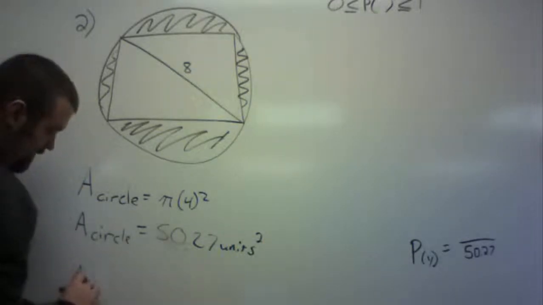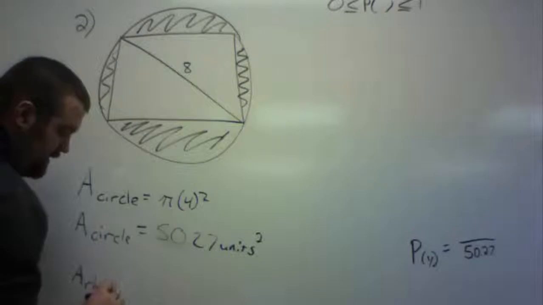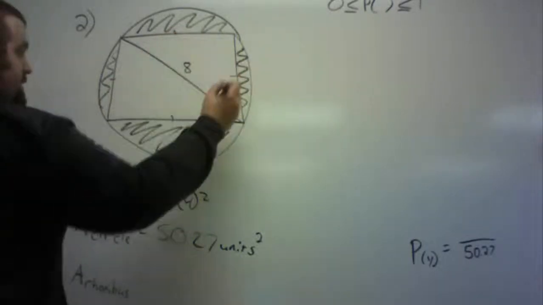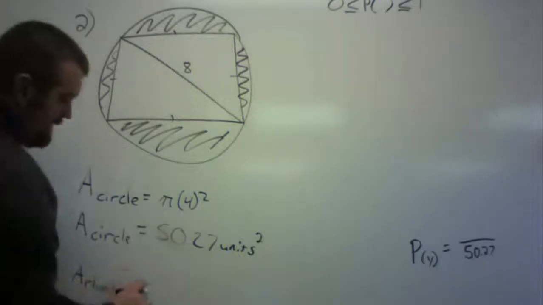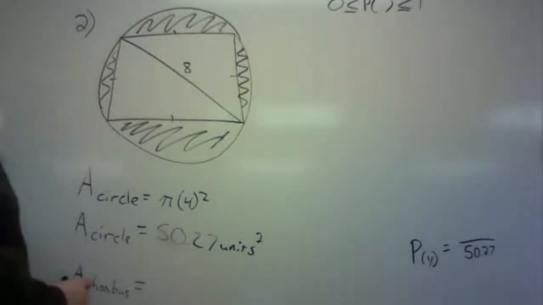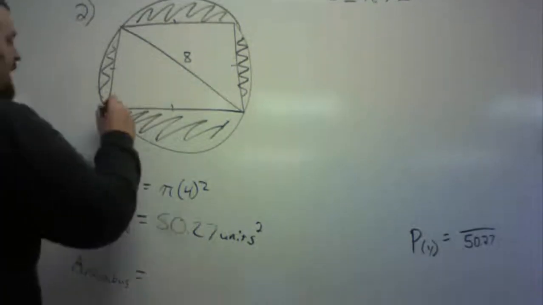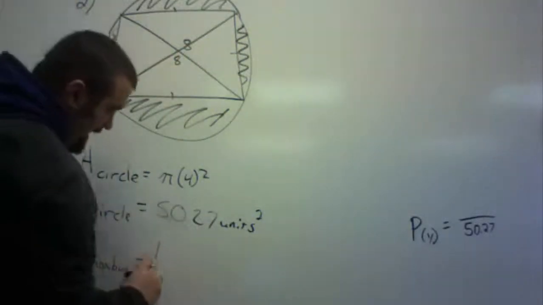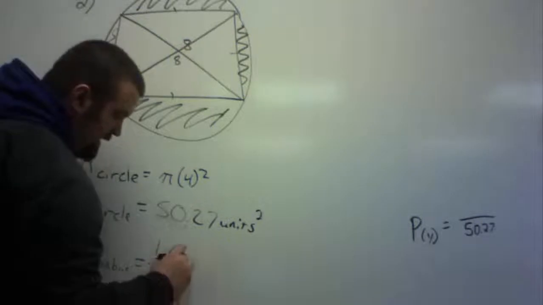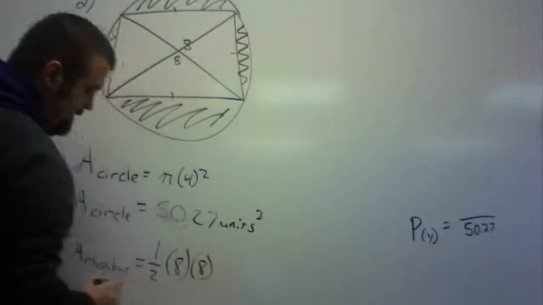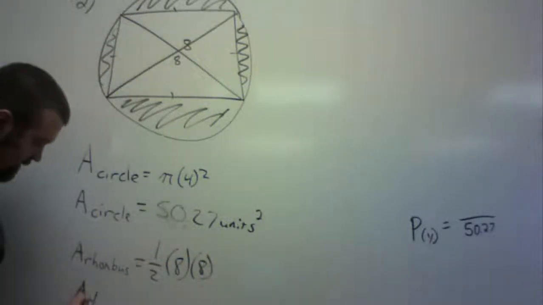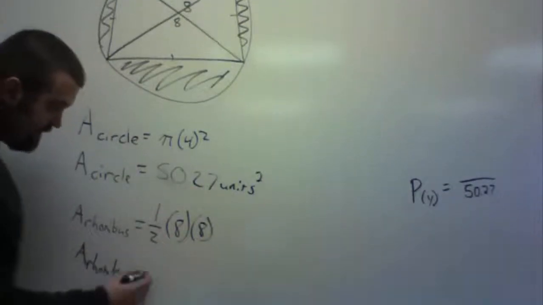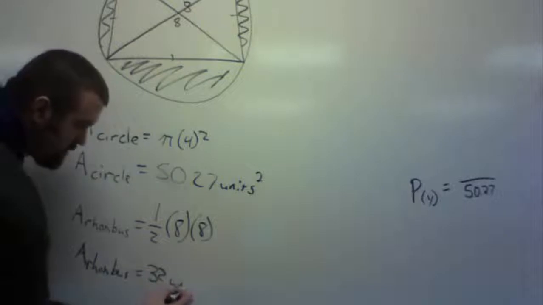So the area of the rhombus I see here, which is not labeled, but it is a square, means both diagonals are congruent. One diagonal is 8, the other diagonal is 8. So 1/2 of diagonal 1, 8, times diagonal 2, 8. So the area of my rhombus is going to be 1/2 of 64, or 32 units squared.